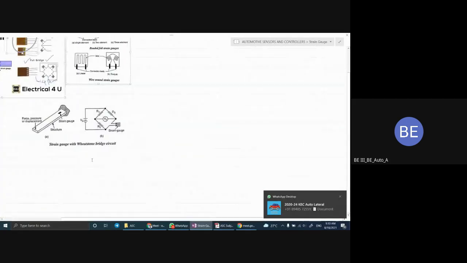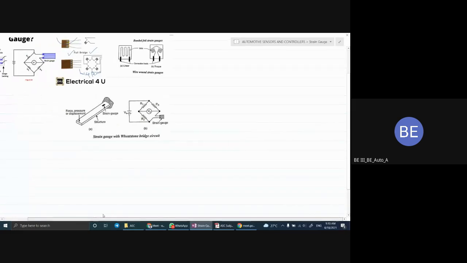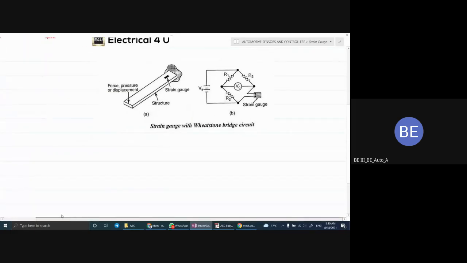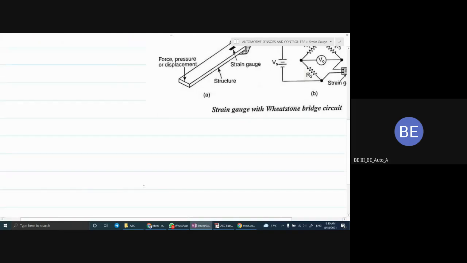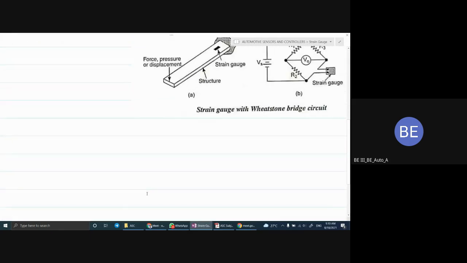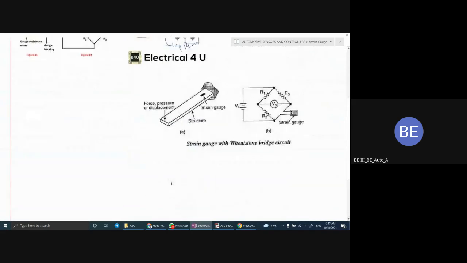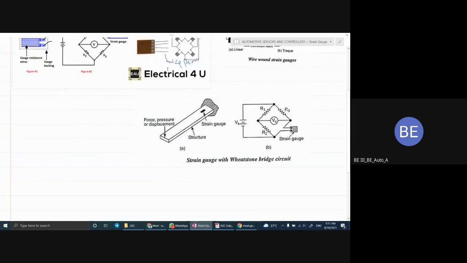Now let us see the working principle. The strain gauge is an active or passive type of transducer? Tell me. Strain gauge is a passive type of transducer. Is it clear?